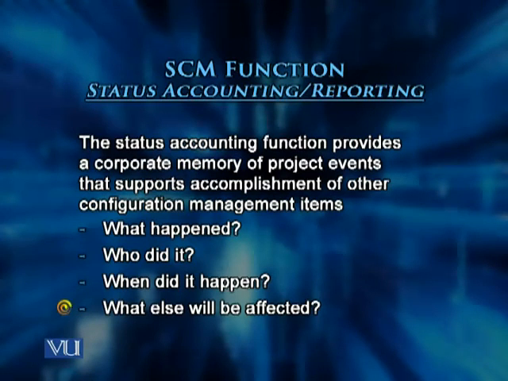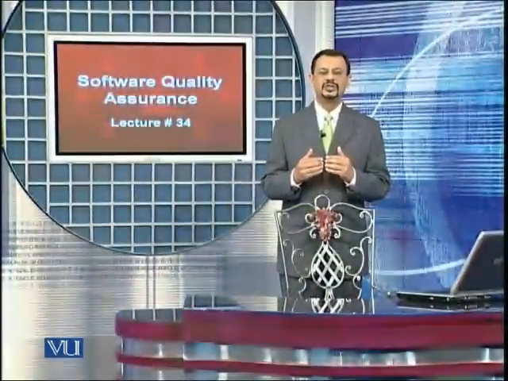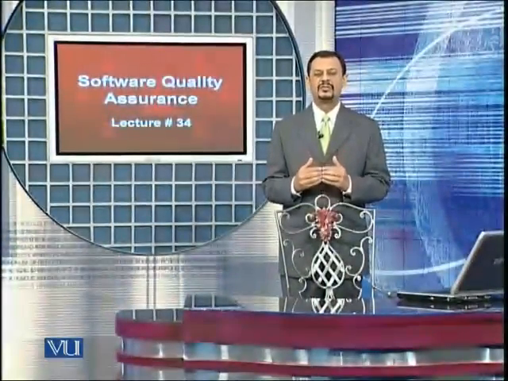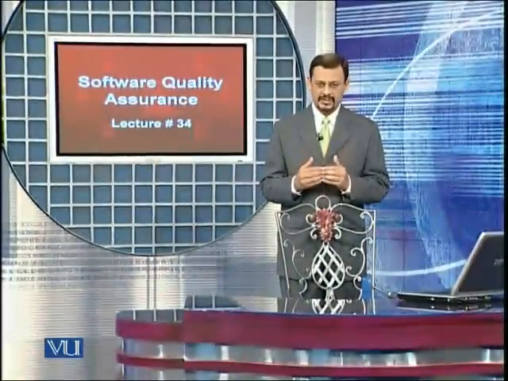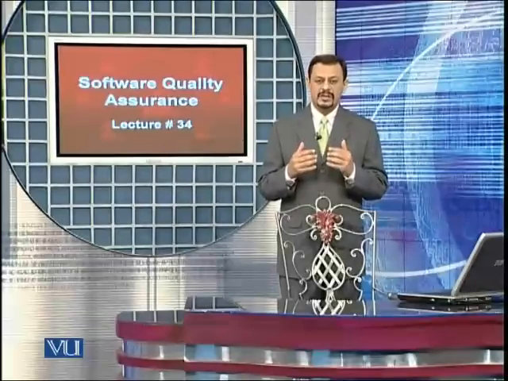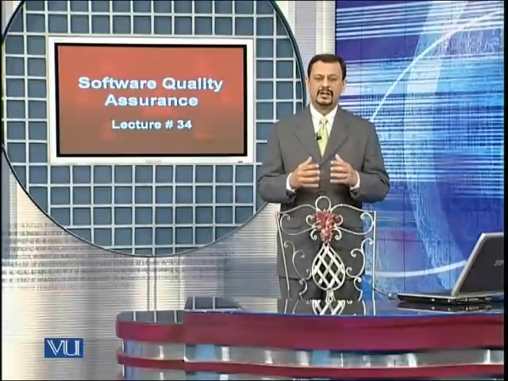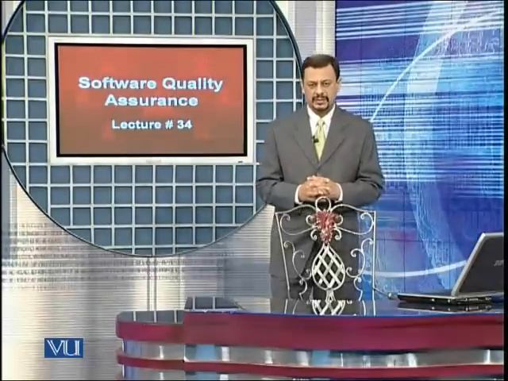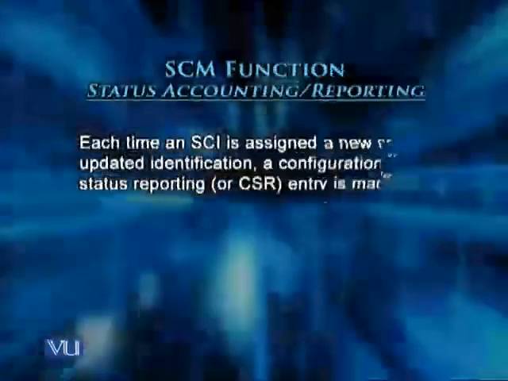These 4 questions will help us to understand the changes that are requested and implemented, and if a new SCI is created, that will also be captured by these 4 questions.